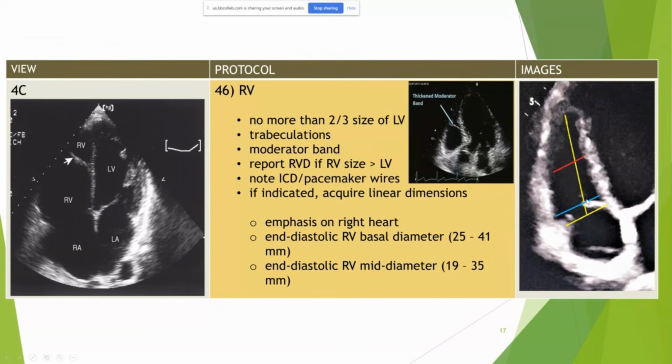The blue line is the right ventricular basal diameter, or the base of the right ventricle. This yellow long line right here is the longitudinal measurement or longitudinal dimension, but we don't recommend that anymore. So just these two are good enough. I'll talk about the numbers here in just a bit.